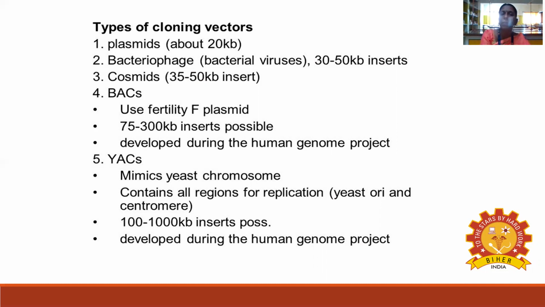And then next is the BAC and YAC. The size of the DNA that plasmids and these vectors can carry is very small. But if you want to handle a larger number of nucleotides in a gene, for genome identification or genome mapping, the plasmids and bacteriophage vectors are not enough. There is also the shuttle vector, which means we have both: you can carry it out in bacteria as well as in bacteriophage, so viruses can also be used.